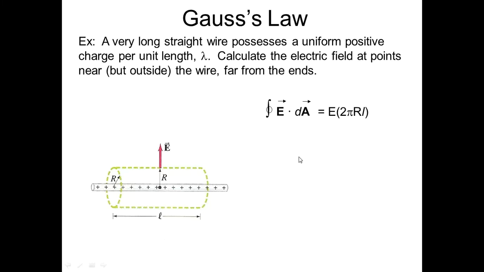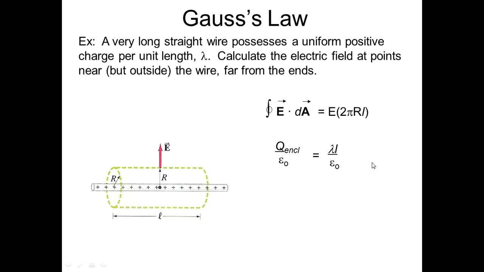Okay, we also know that the flux is also equal to the enclosed charge over epsilon naught. In this case, the enclosed charge is related to lambda, because there's a certain charge per unit length, lambda. So if I take lambda times the length, that'll give me the enclosed charge.